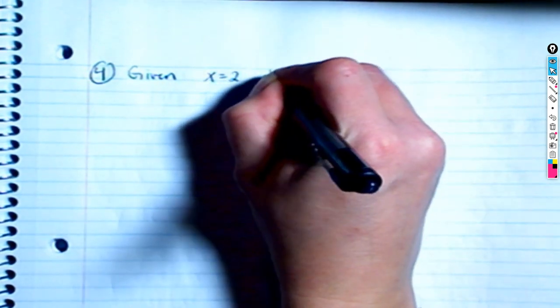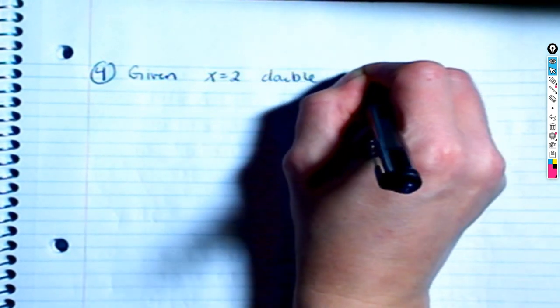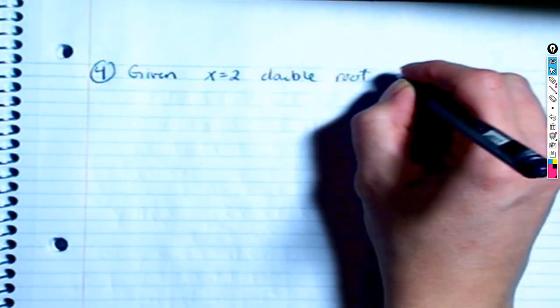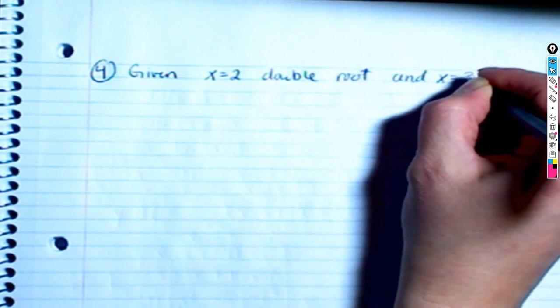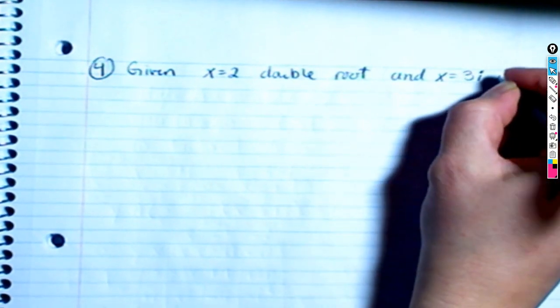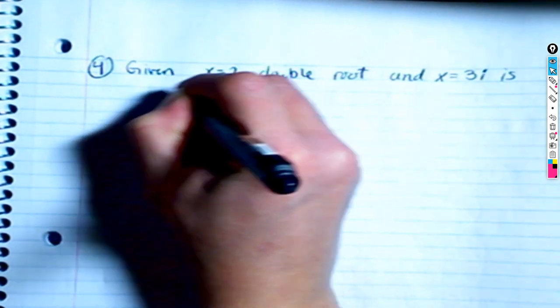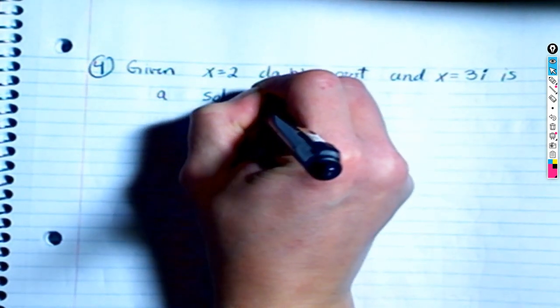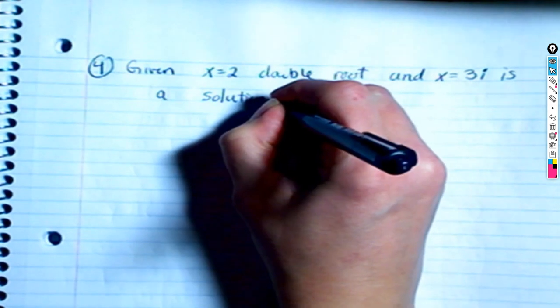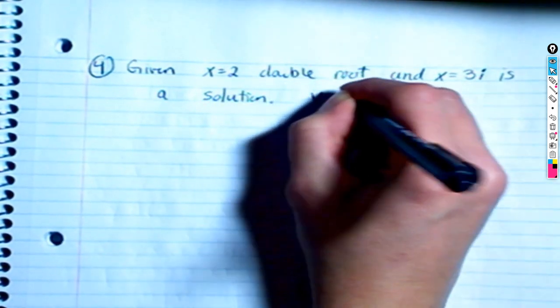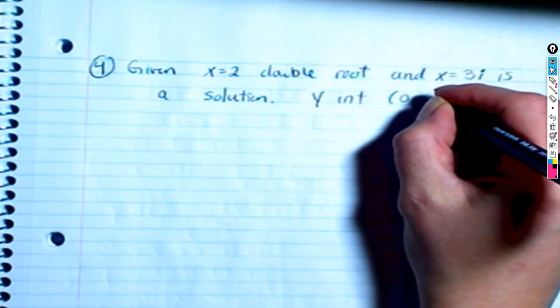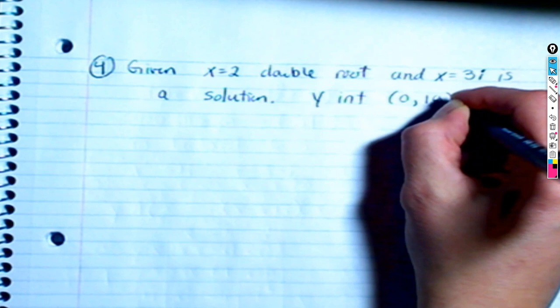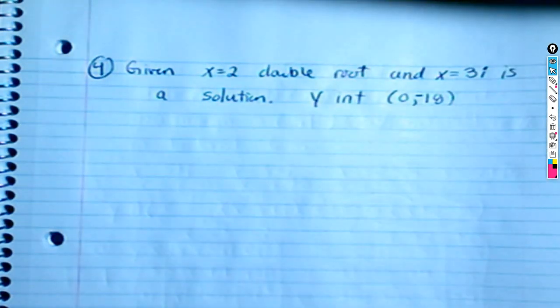Given x equals 2 is a double root, and x equals 3i is a solution. Y-intercept is 0, negative 18.